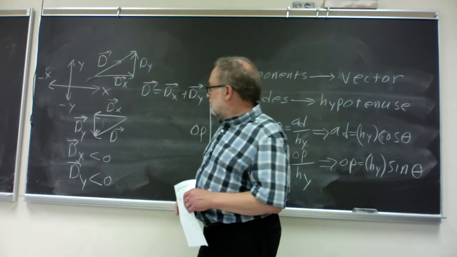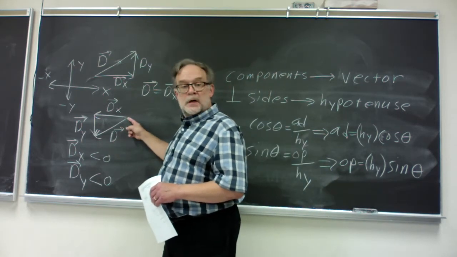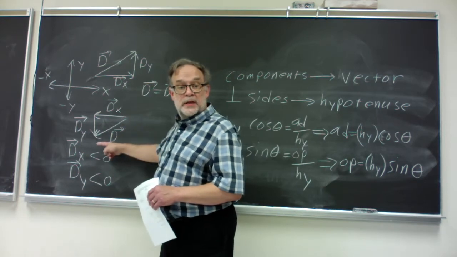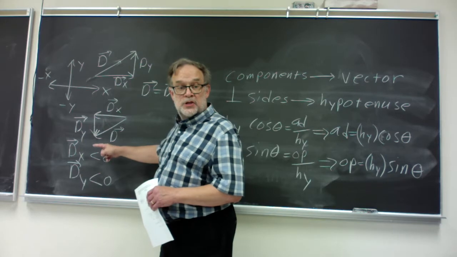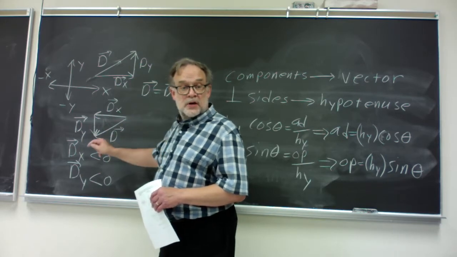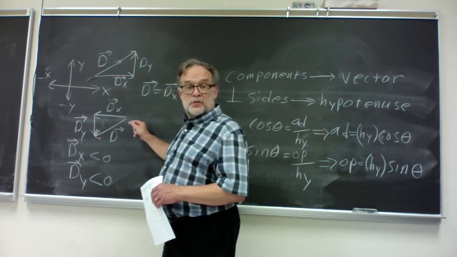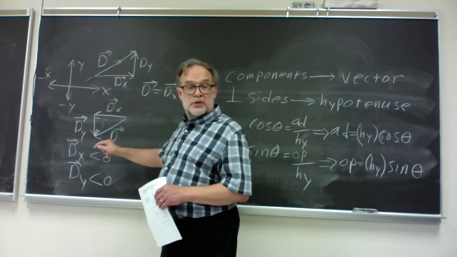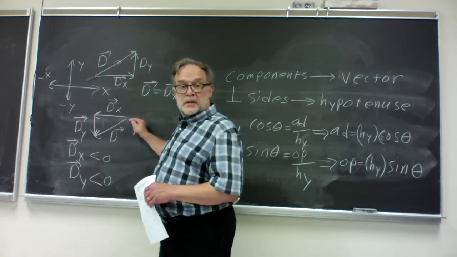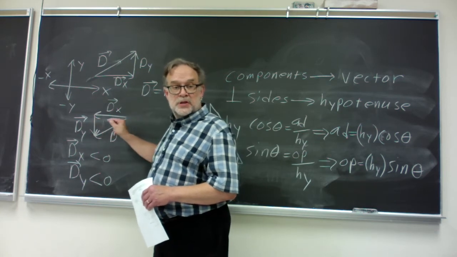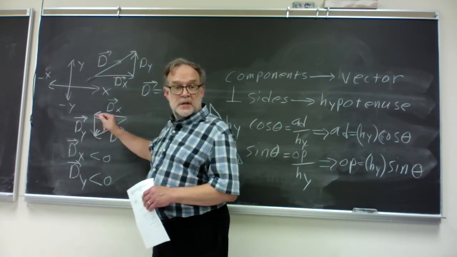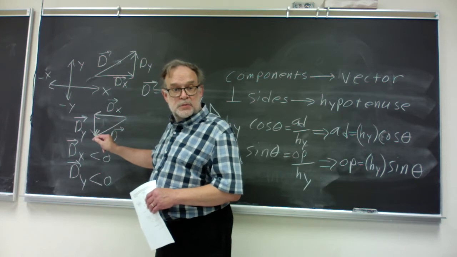Let's do another example. Let's say the bug starts here and eventually gets here. So the displacement that takes you from the start to the finish is represented by this arrow right here. And you could think of a displacement from here to here as this much horizontal displacement, this much displacement along the x-axis, plus this much displacement along the y-axis.